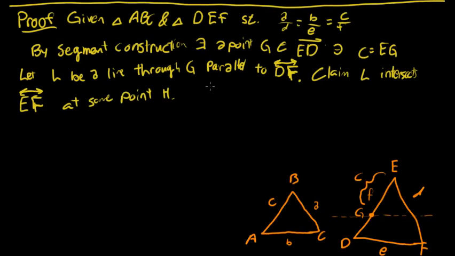Well, we're going to do this as a proof by contradiction, so suppose not. Then L is parallel to EF.